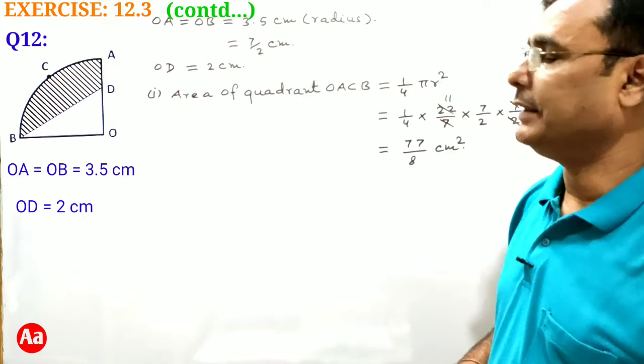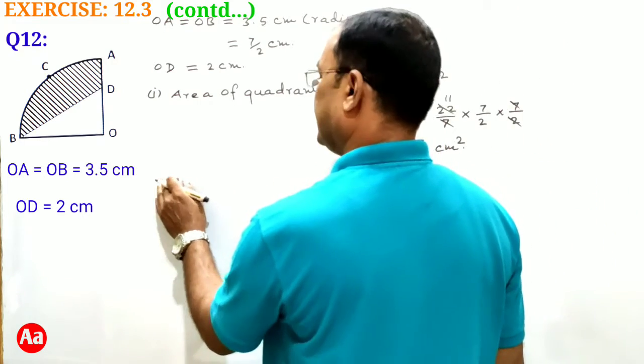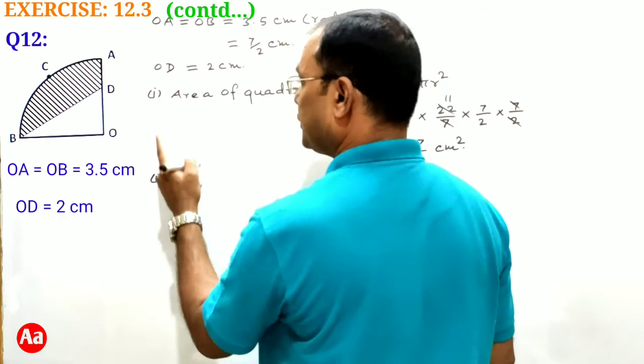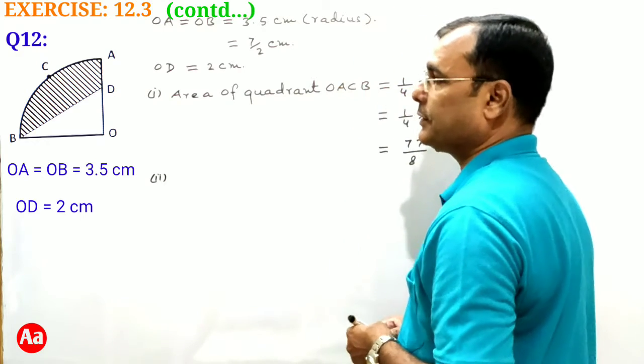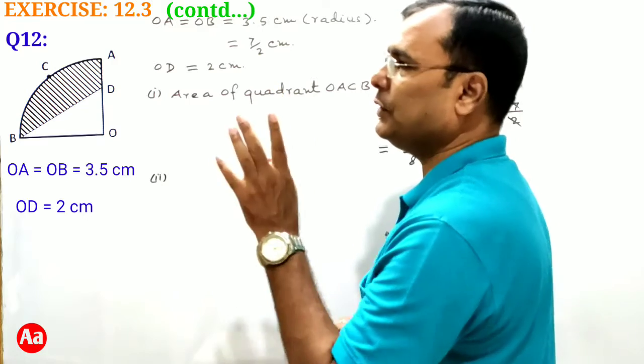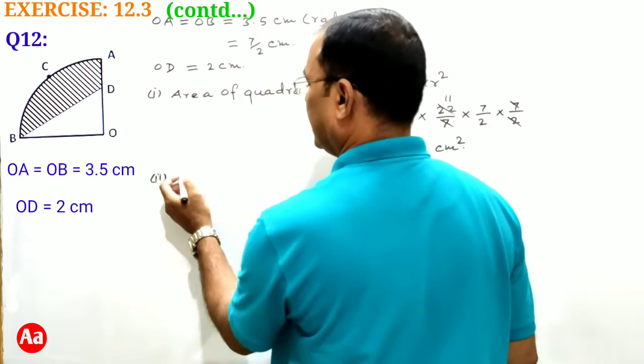Now we have to find the area of the shaded region. To find the area of the shaded region in the second part, first we need to find the area of triangle BOD, or even DOB.